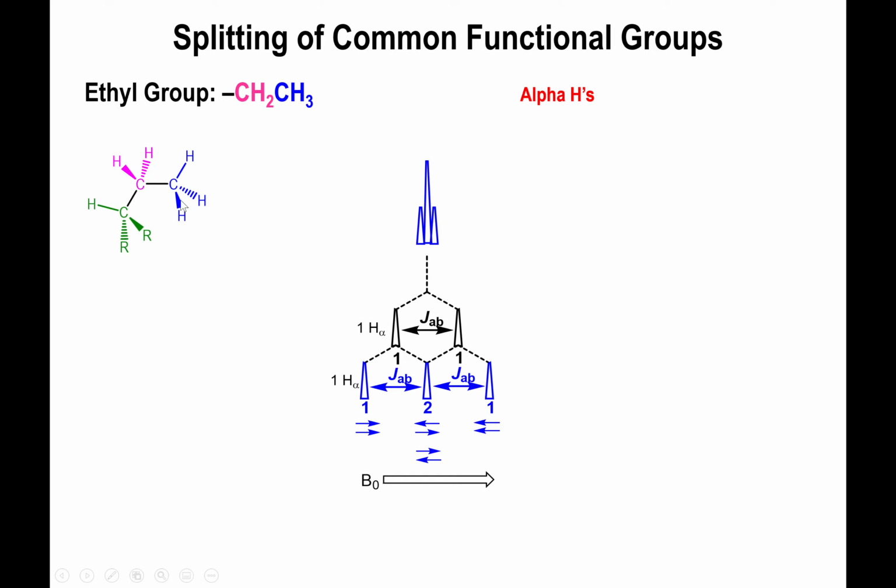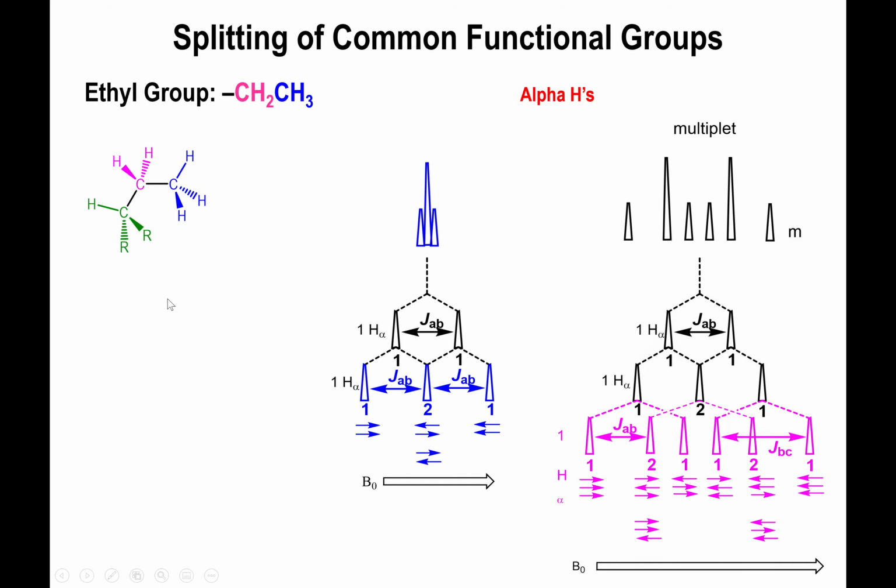For the CH3, that doesn't change the picture whatsoever, because the CH3 is still bound to a carbon with 2 H's, so you will still see a triplet. But for the CH2, the story has changed, because no longer are you just next to a carbon with 3 H's, you are also next to another carbon that contains 1 H. And so this will give rise to probably a multiplet.